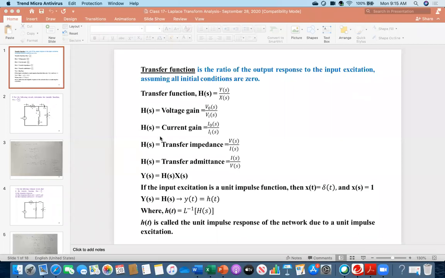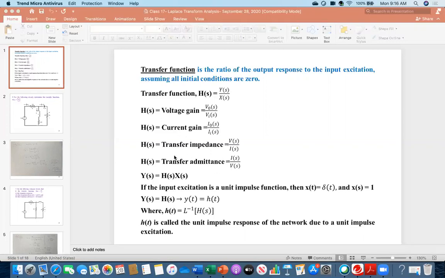Similarly, it could be a current to current ratio. In that case, it is called the current gain. Also, it is called transfer impedance or transfer admittance, for example voltage over current. You know that voltage over current is impedance in terms of an AC circuit, and current over voltage is called the admittance.